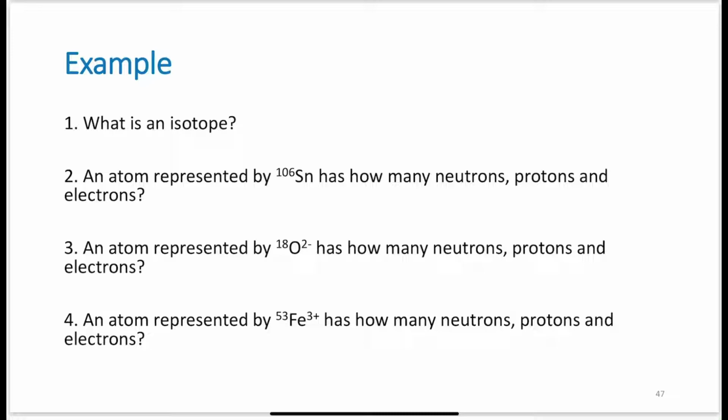An isotope is something that's the same element but has a different number of neutrons in its nucleus, which causes the atom to have a different mass than another atom of the same element.